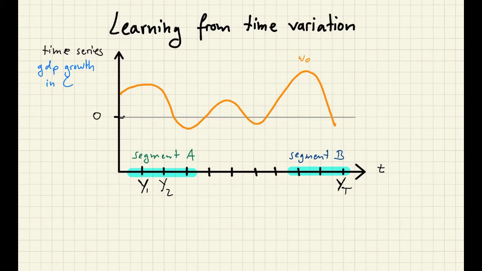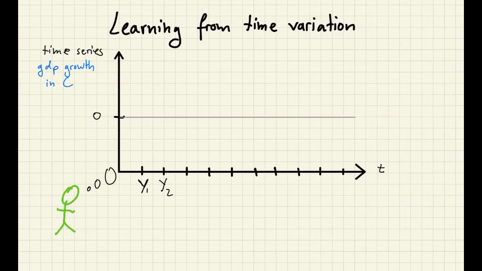The way we formalize that is that we say, for someone who is thinking about the time series before it has started, these two segments have the same distribution. So the joint distribution of random variables y1, y2, y3 is identical to the joint distribution of random variables y_{T-2}, y_{T-1}, and y_T.